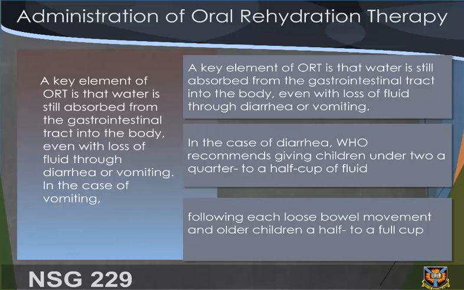In the case of diarrhea, WHO recommends giving children under 2 a quarter to a half cup of fluid following each loose bowel movement, and older children a half to a full cup.